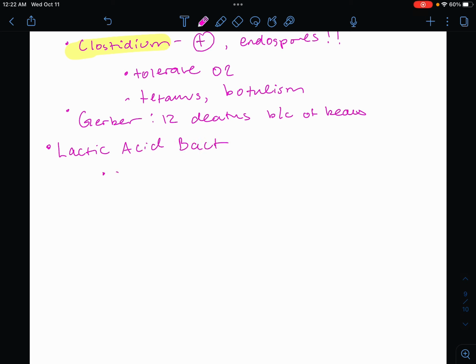Right, so these can be aerobic, but they only ferment. So we're going to make fermentation only our largest point there. And that's because they lack catalase.